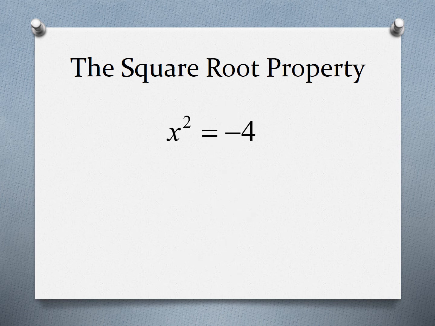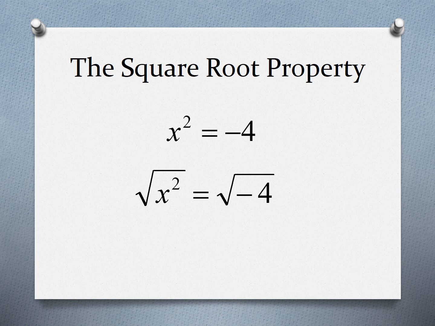In this example, we're asked for the value of x when x squared is equal to negative 4. We'll take the square root of both sides, but one thing we cannot do in this lesson, as far as we know right now with all the mathematical knowledge that we have, is find the square root of a negative number, because there's no negative number that you can multiply by itself that will give you a negative number.